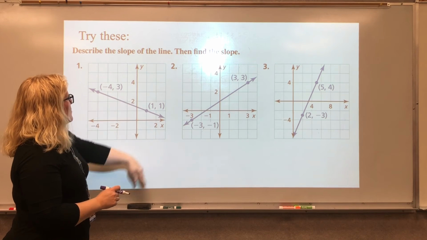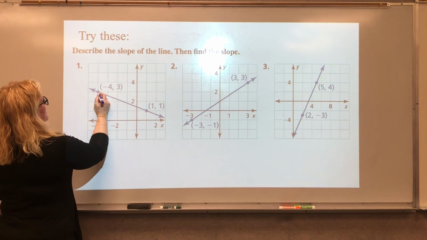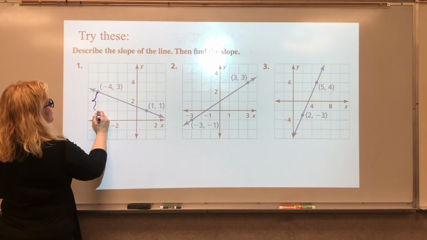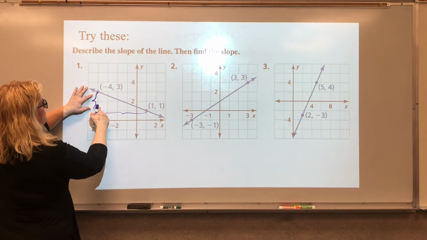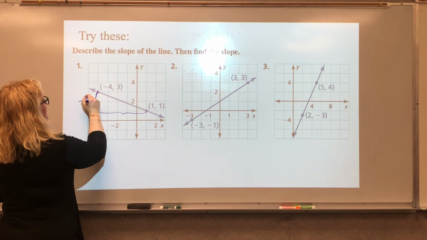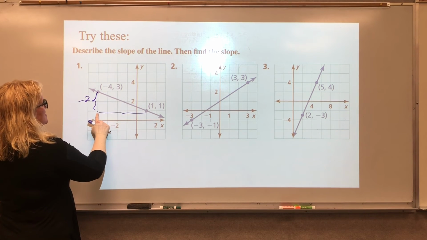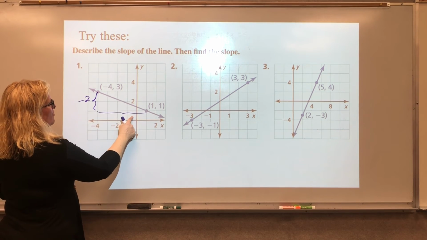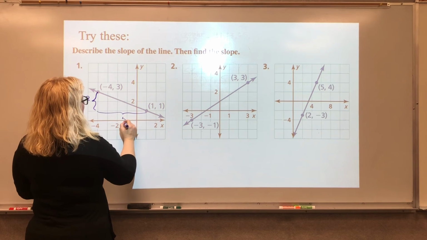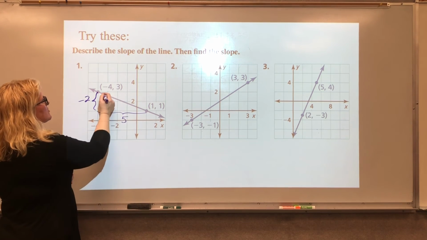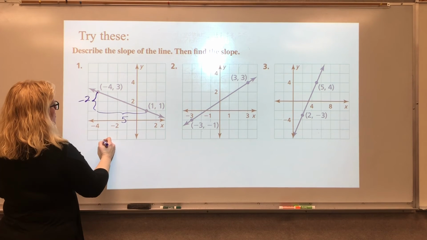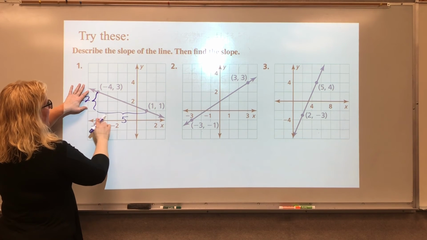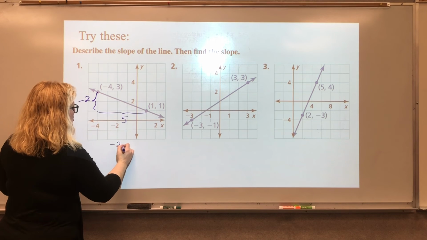Okay, so this one here, if I'm counting squares, I've got 2 right here, and it's going down, so this is -2, and this is 1, 2, 3, 4, 5. You could also do it across and down, but my slope for this one is going to be the y over the x, so -2/5.